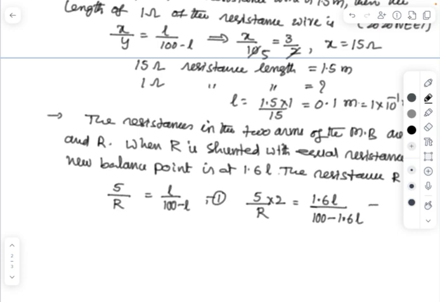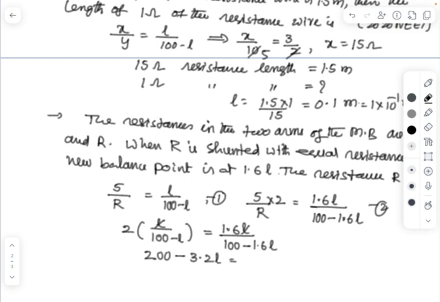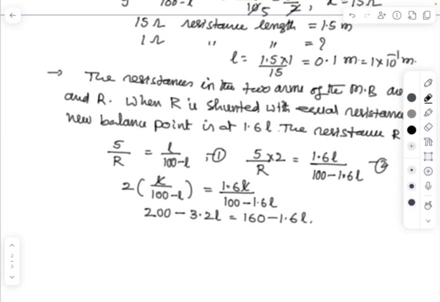Substituting this value for 5 by R, 2 into L by 100 minus L equals 1.6 L by 100 minus 1.6 L. L cancels. Cross multiplication: 200 minus 3.2 L equals 160 minus 1.6 L. 3.2 L minus 1.6 L equals 200 minus 160. 1.6 L equals 40.